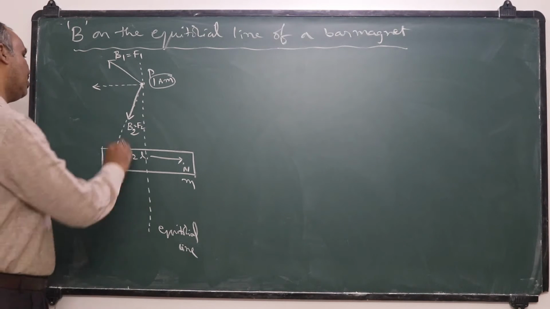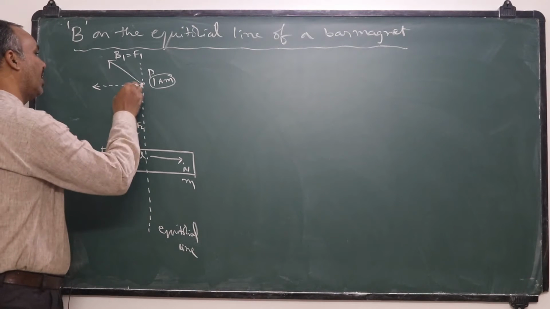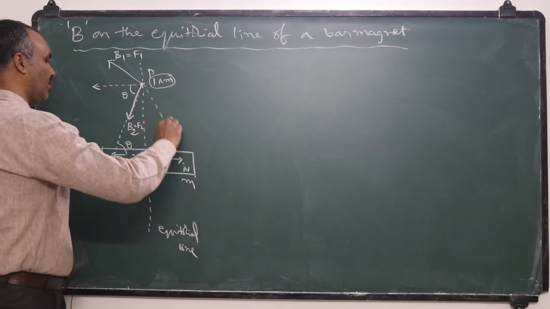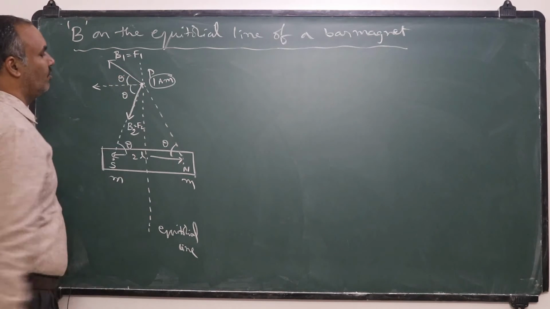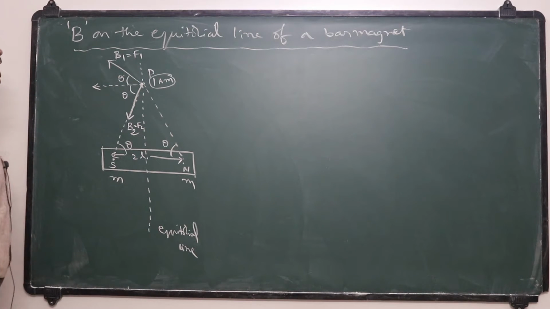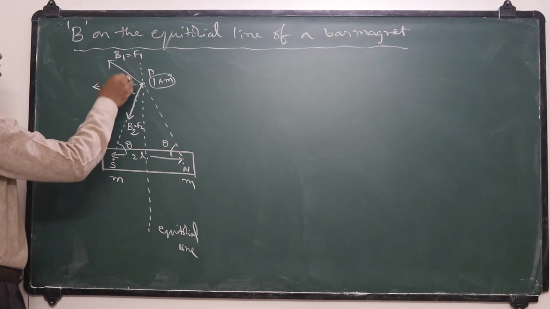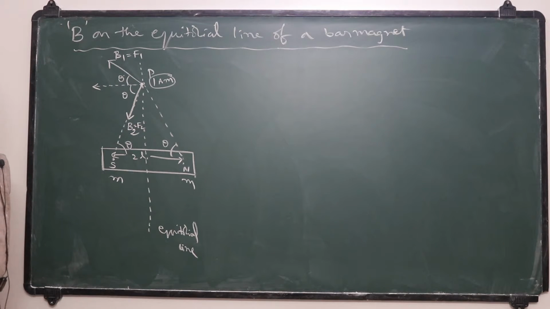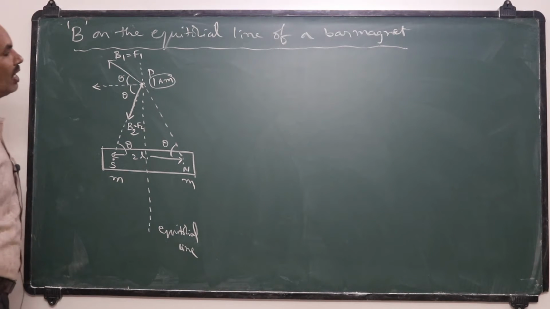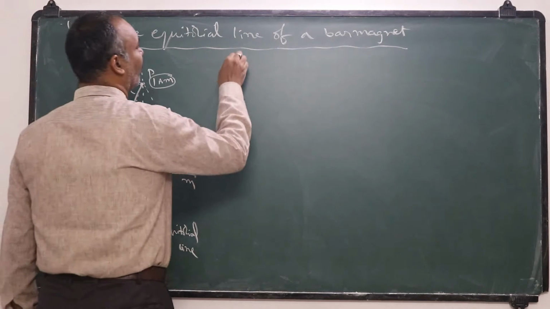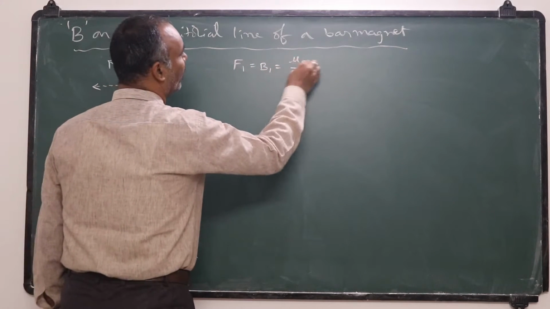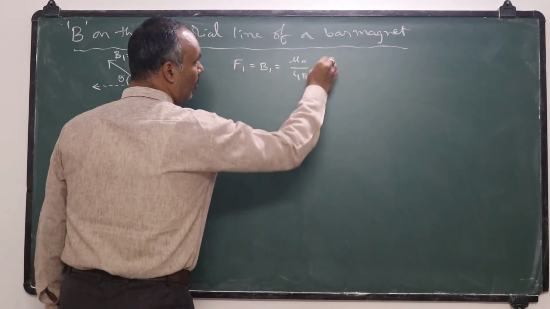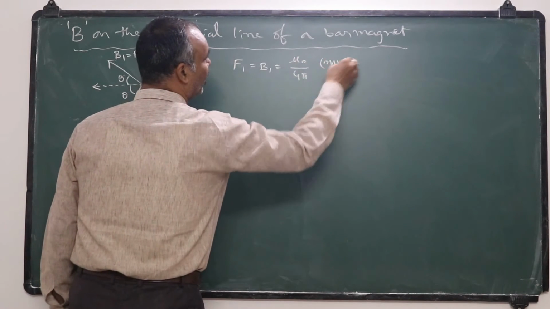Suppose this angle is theta, obviously this angle is also theta. So you will have components for B1 and B2. Clearly here F1, nothing but B1, is equal to mu naught by 4 pi into small m into 1 by the separation squared.